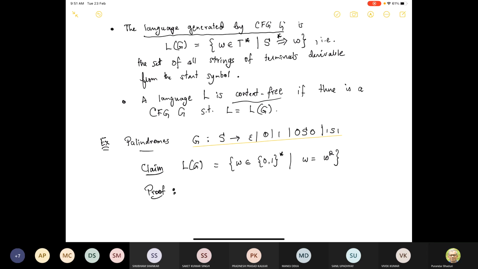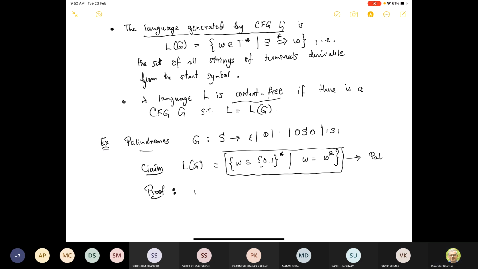Let's call this language PAL, right? Then we have to show two things.